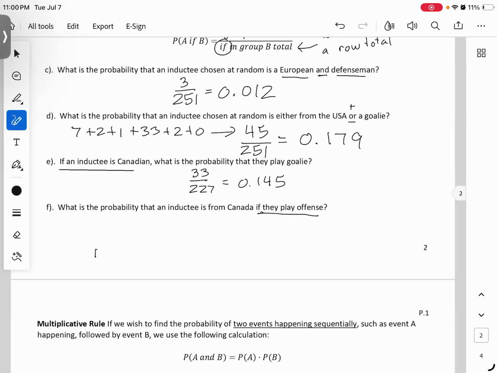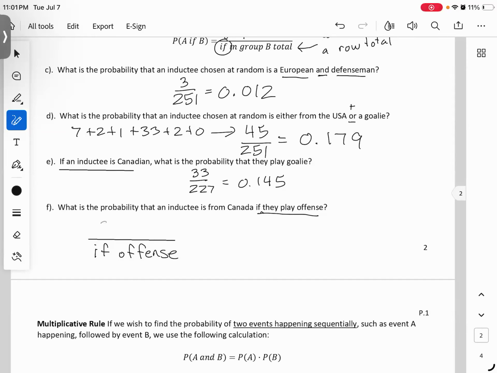Now, you're never ever actually required to do what I'm doing here, which is write it out in words. But sometimes when I work with students who have maybe felt like they're sometimes putting the wrong numbers backwards or using the incorrect total altogether, if offense is our denominator. And if you look up at the two-way table, that's going to be a specific column.